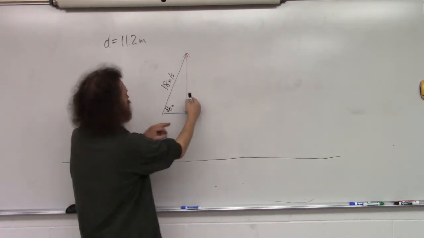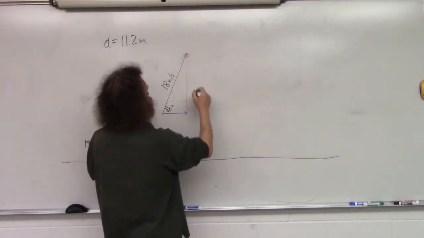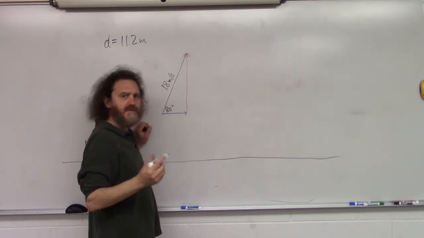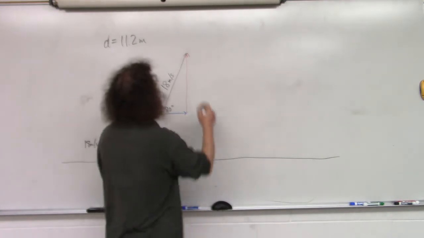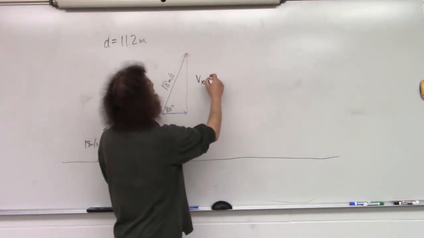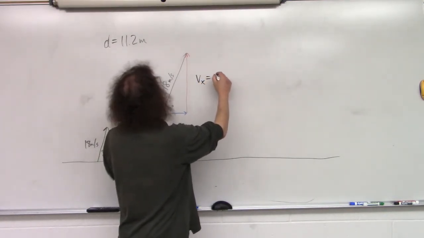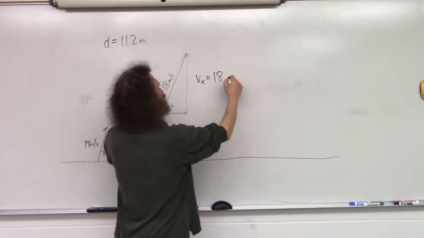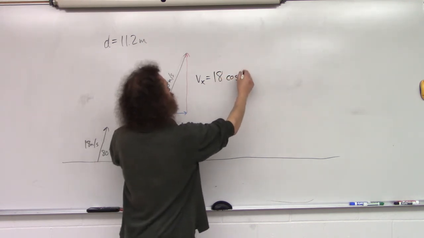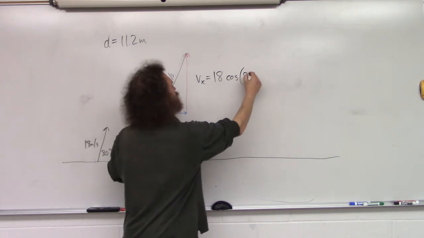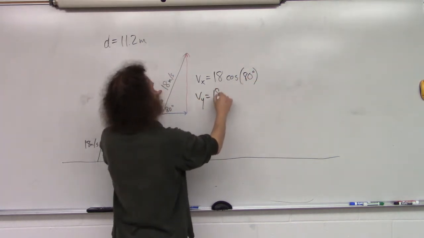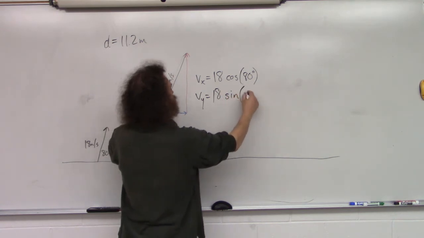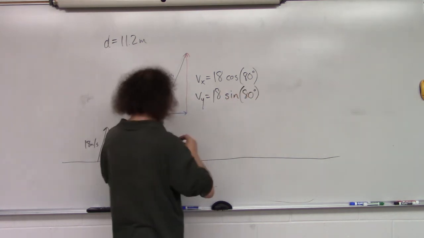And I can calculate the vertical velocity using a little trigonometry. Hopefully in high school you saw sines and cosines and tangents. The horizontal velocity turns out to be this speed, 18 meters per second, times the cosine of this angle, 80 degrees. And the vertical velocity turns out to be this speed times the sine of 80 degrees.